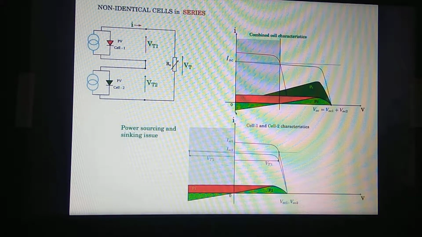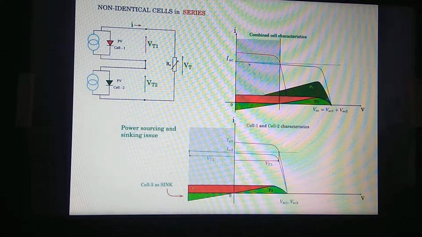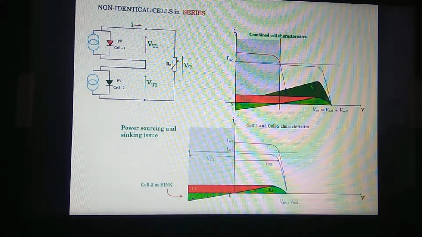And you see that here the negative power and the positive power get balanced out, and therefore the power of the combined cell is 0 at that point. The important takeaway is that cell 2 acts as a sink during a portion of the IV characteristics of the combined cell, and that is detrimental to the PV cell 2.